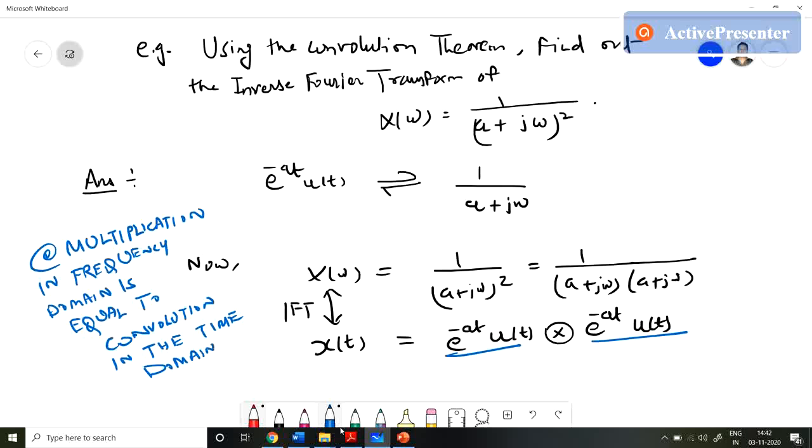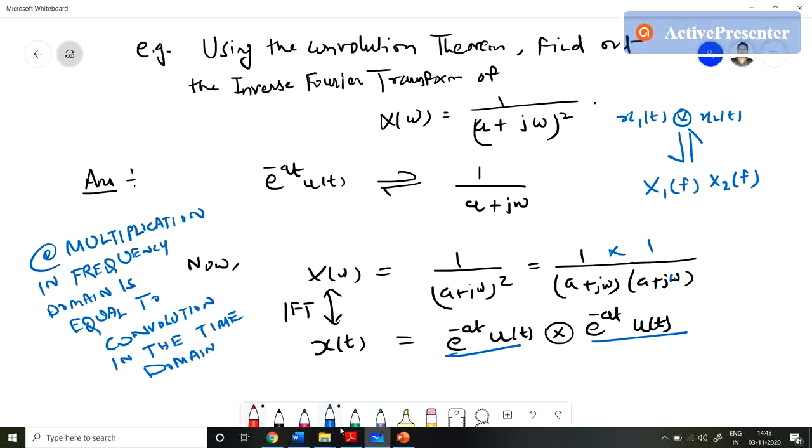So if we have x1t convolution with x2t, then if we find out the Fourier transform, it is equal to X1(f) multiplied by X2(f). These two signals, both 1 divided by a plus j omega, are multiplied in the frequency domain.